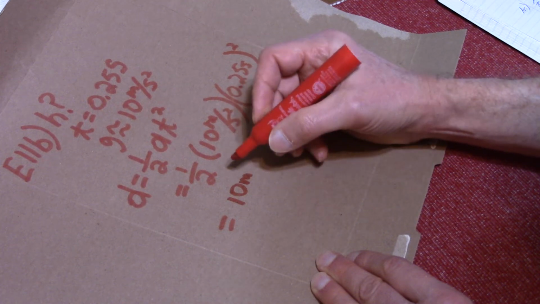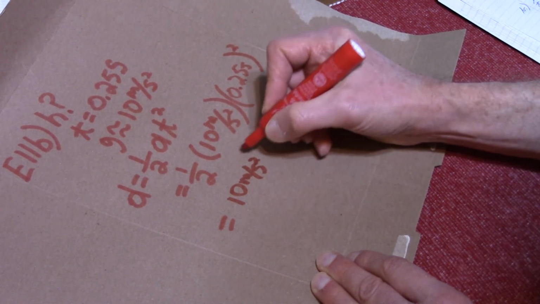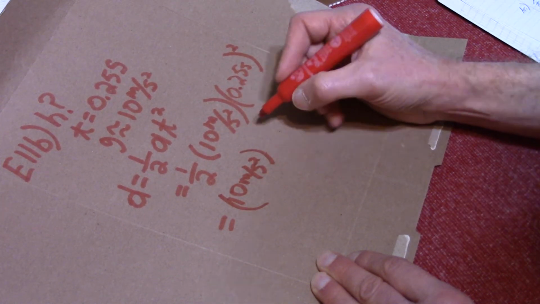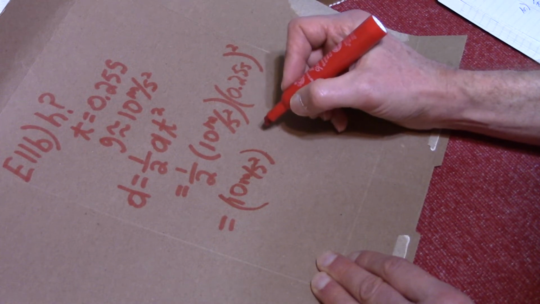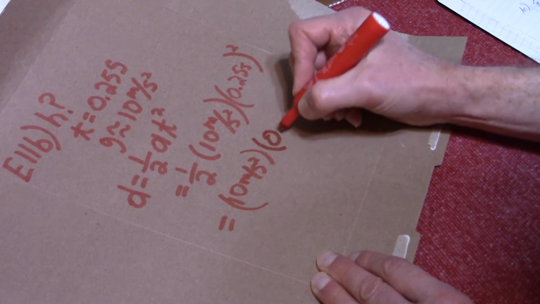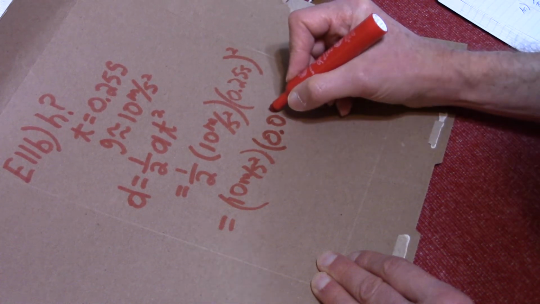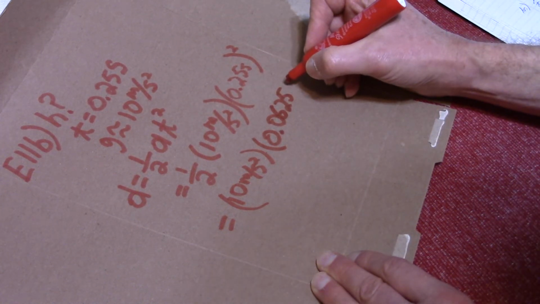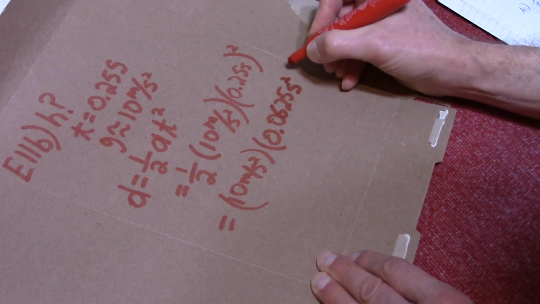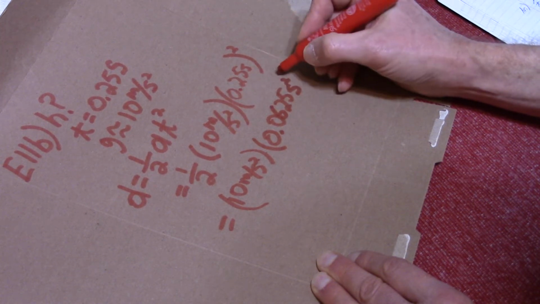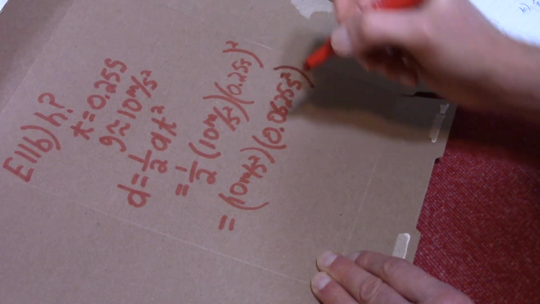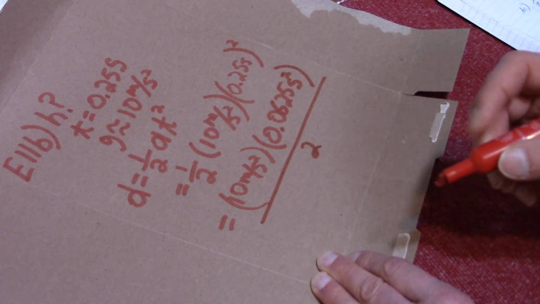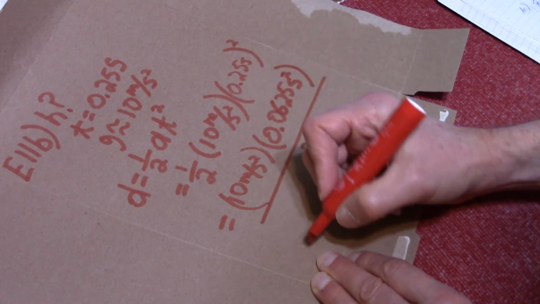So that equals 10 meters per second squared times, and then you square 0.25 and you get 0.0625 seconds squared, because you've squared that quantity, and divided by 2, because it's multiplied by one half.